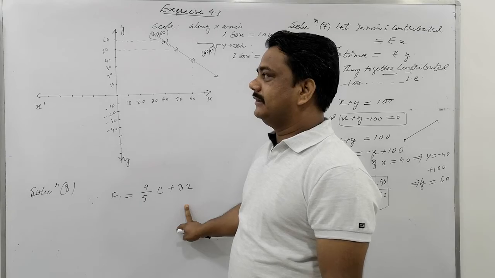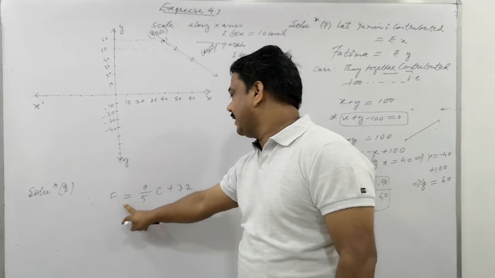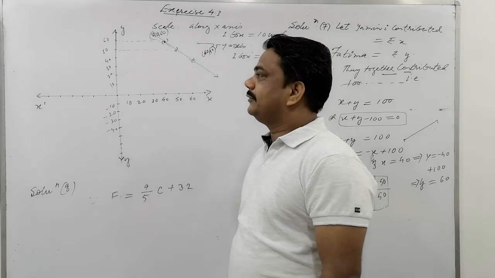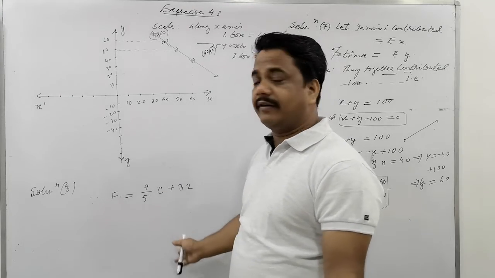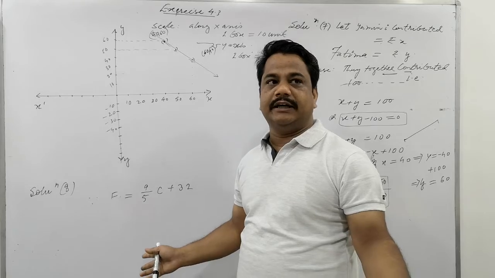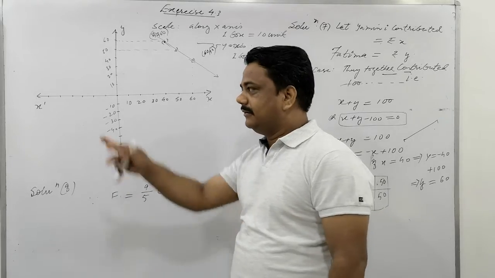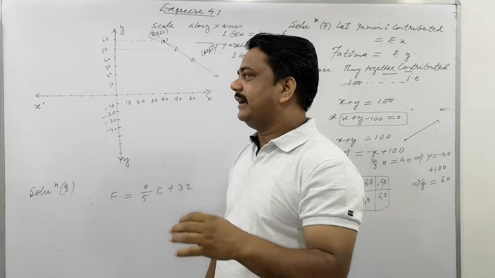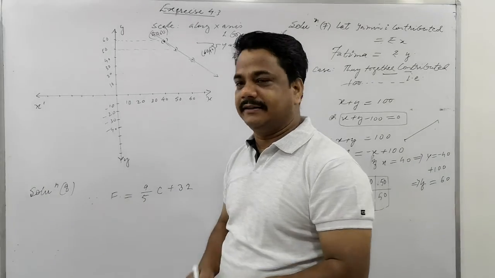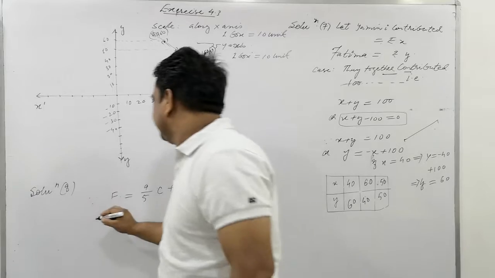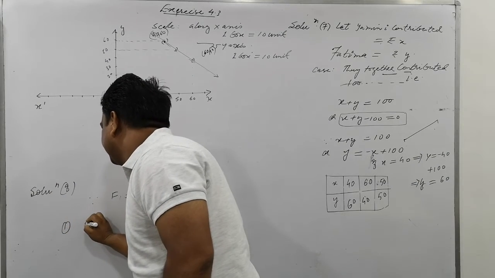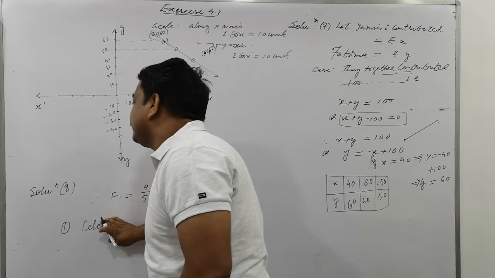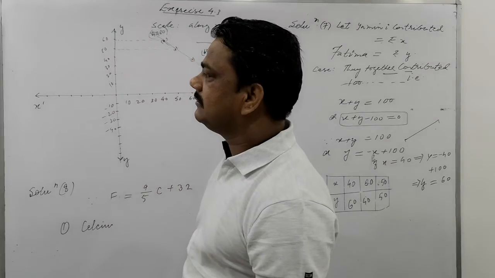So this is the general formula for Fahrenheit and degree Celsius. 9 by 5. This is the general formula. It's already given here, so you do not need to represent the variable C or F, right? It's saying here, draw the graph of the linear equation using Celsius for the x-axis and Fahrenheit for the y-axis.